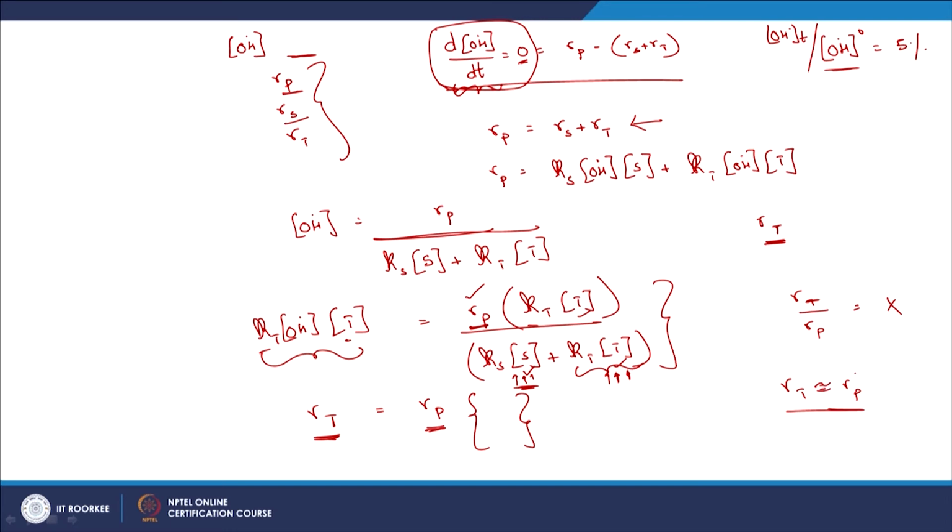Let us just write that down here. So, I have the rate of reaction, or rate of loss of hydroxyl radical during its oxidation of the target, equal to the rate of production of the hydroxyl radicals times Kt times the concentration of target by Ks times S plus Kt times T, right.